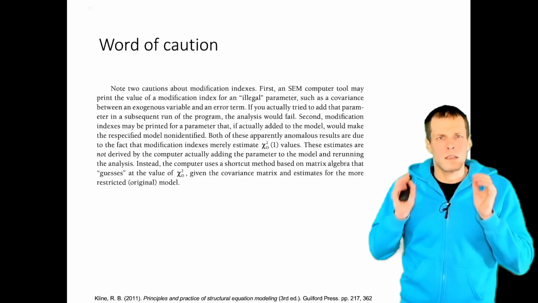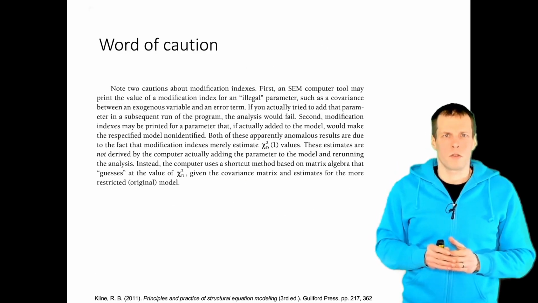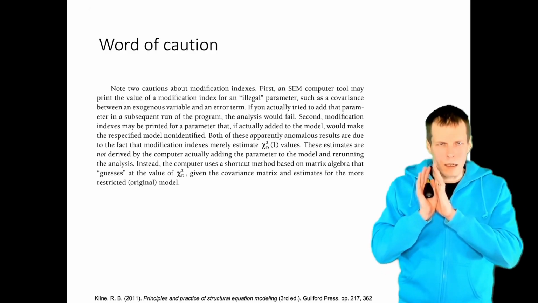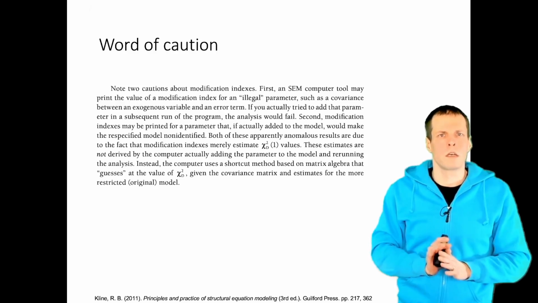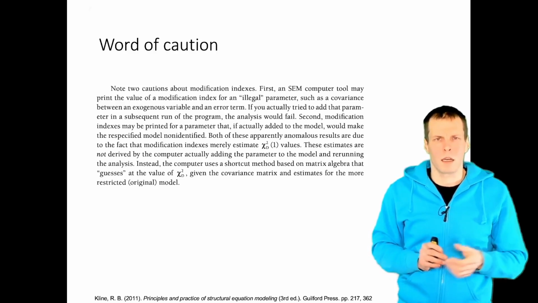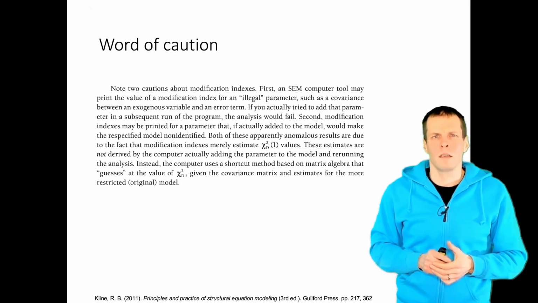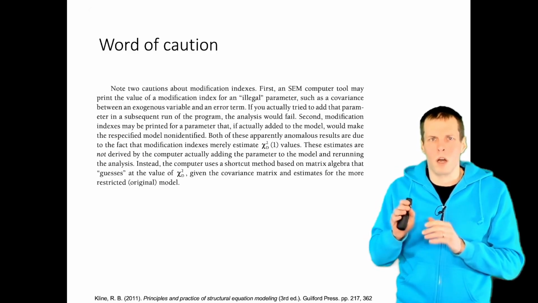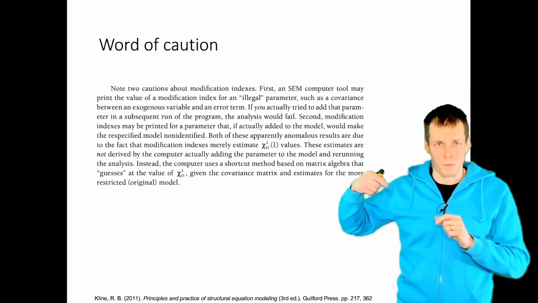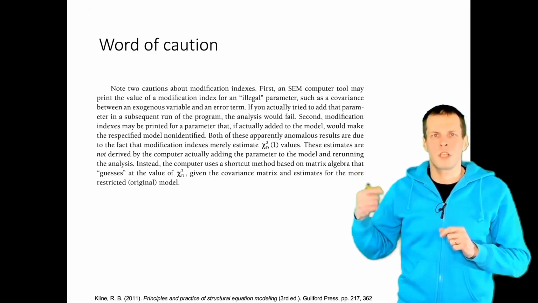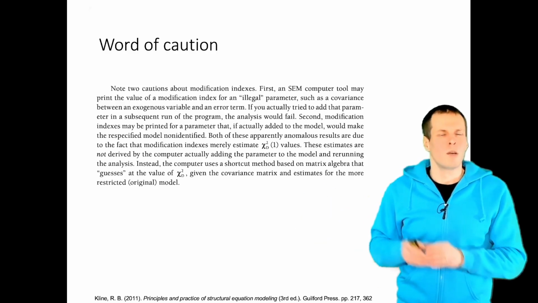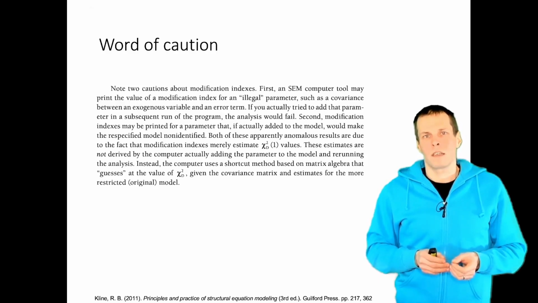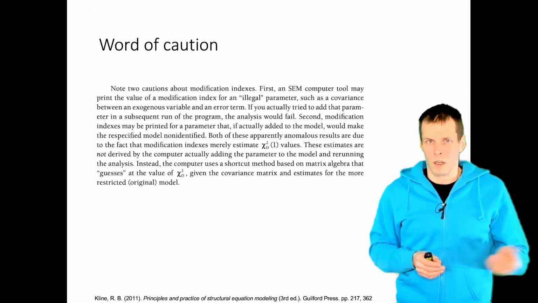Kline tells us some words of caution about modification indices. Basically, he gives us two things. One thing is technical. Because modification indices tell us how the model fit is expected to change if we free something, but it doesn't really estimate that model, some of the modification indices might lead to unidentified models.